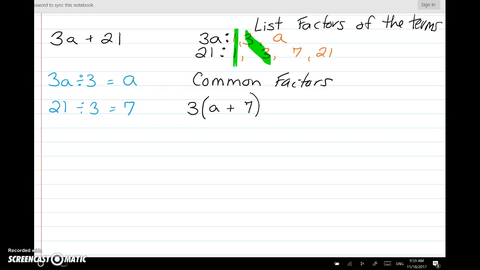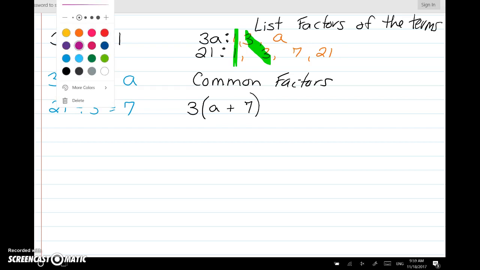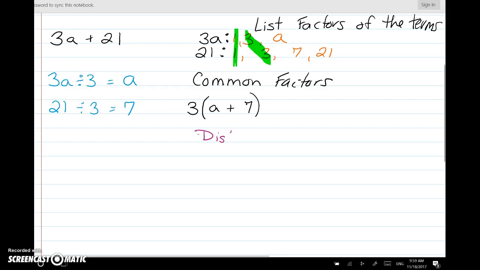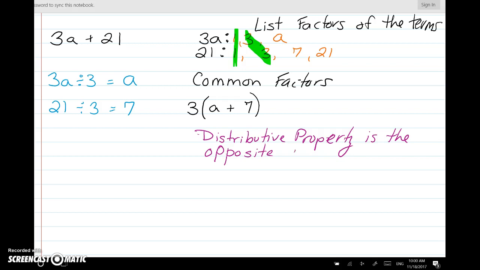And you can always check if your factoring worked out properly by using the distributive property. So the distributive property is the opposite of factoring.